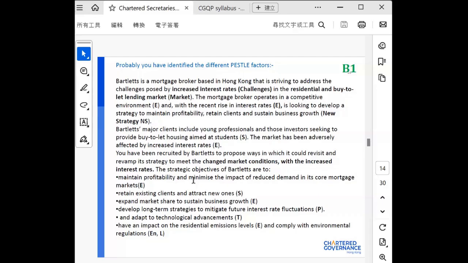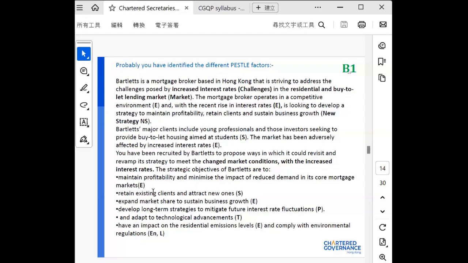Expanding market share to sustain growth. Long-term strategy to manage future interest fluctuations. Adaptation to technological advancement, and the impact on residential emissions levels and environmental regulations. So this gives you some idea of the different factors, and probably you have identified these quite easily.